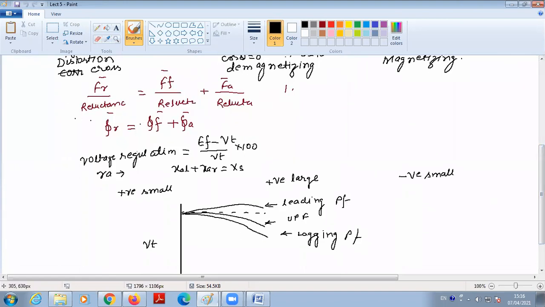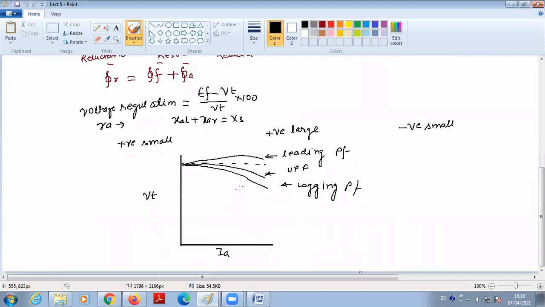So now this can be represented with the help of voltage regulation. For unity power factor, the voltage regulation is a small positive. Because of unity power factor, the voltage regulation is very small, so it is a very good power factor. The voltage regulation value is small, meaning it has better voltage regulation.